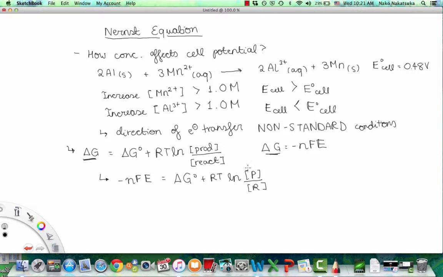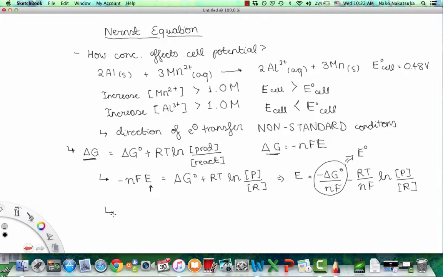From here, let's solve for the cell potential. And when we do so, we end up with E being equal to negative delta G naught over nF minus RT over nF, natural log of products over reactants. And then from here, remember that this part, negative delta G naught over nF, is equal to the cell potential at standard conditions, right?